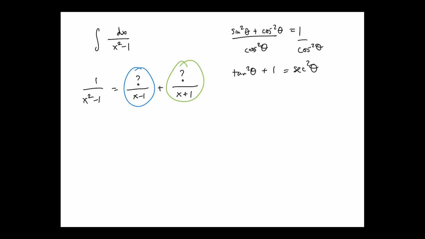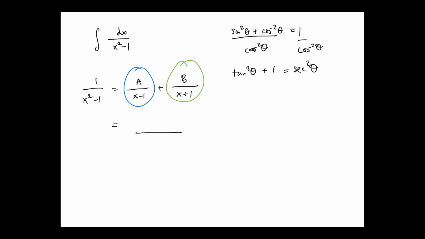Okay, so instead of being silly and calling these question marks, let me give them letters. Let's call them A and B, right? So I broke Humpty Dumpty, the original fraction, into these two pieces. Let's put it back together. Okay, how would I put it back together?